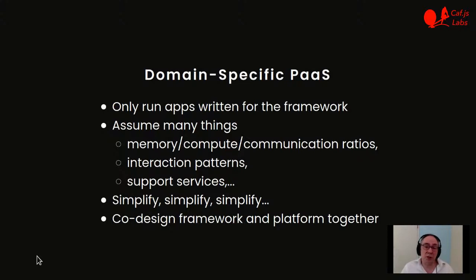For example, it can assume certain ratios of compute, memory, and communication, some interaction patterns, and some support services. Once you make all these assumptions, you end up with a problem that is much simpler than the one you started with. And now you can co-design the framework and the platform together, and that's what gives you the efficiency.